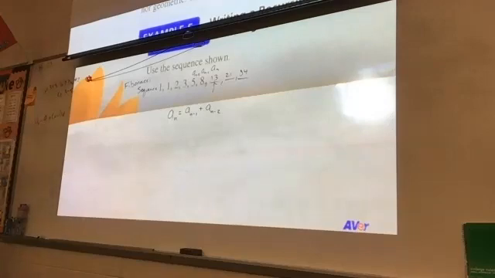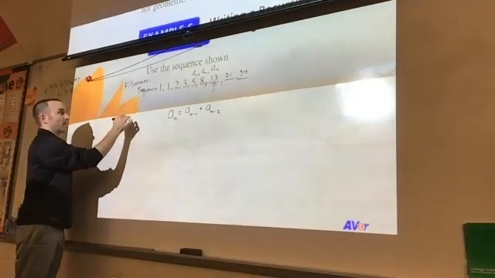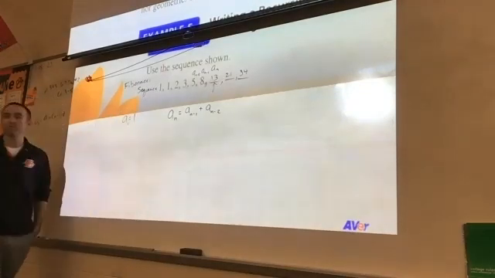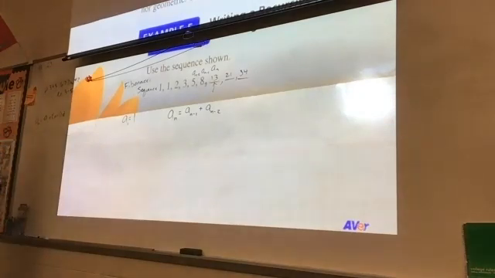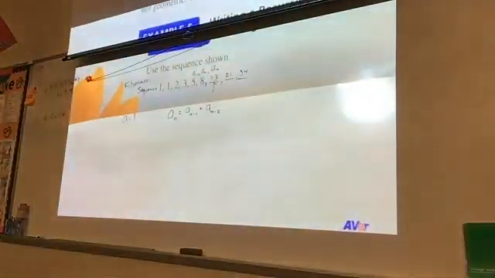Now, this is not enough for a recursive rule, though. What else has to be there for a recursive rule? Yeah, we have to know where we're starting. So a sub 1 is 1. Okay, we got that. But I want you to think critically here. Let's pretend that we don't know our sequence.